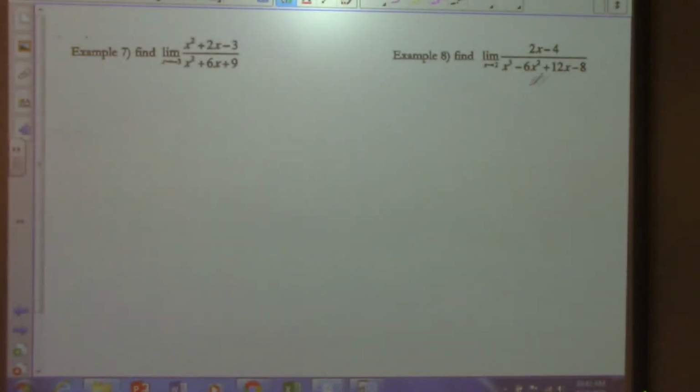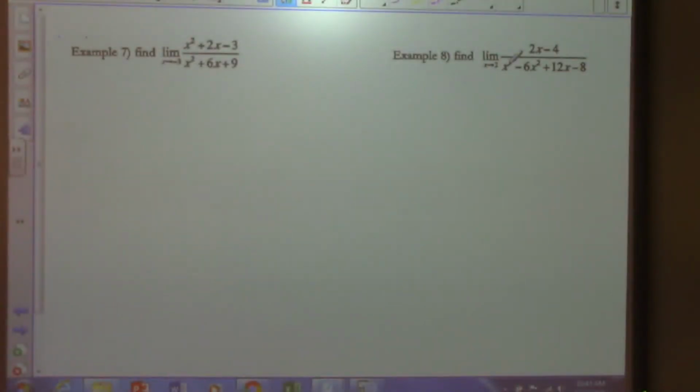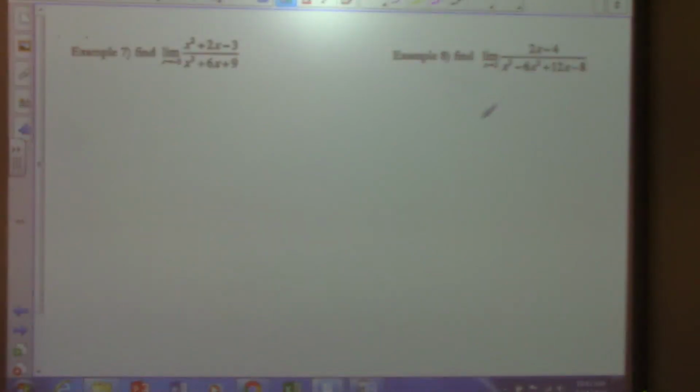If we plug in 2, we can try it mentally. 2 times 2 minus 4 is 0. And 2 cubed is 8, minus 24 plus 24 minus 8. So we're going to have 0 over 0, which means we need to factor this.